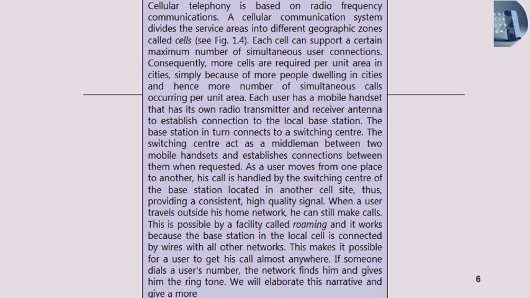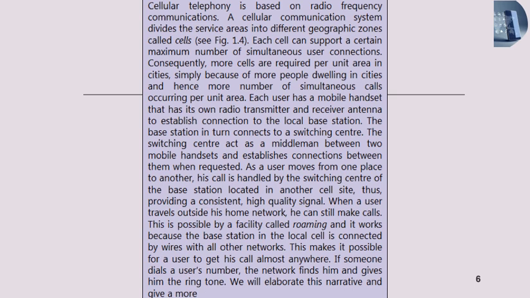Here is some information about cellular telephony. Cellular telephony is based on radio frequency communications. A cellular communication system divides the service area into different geographic zones called cells. So already here it is specified that cellular telephony is based on radio frequency communication, keep in mind.